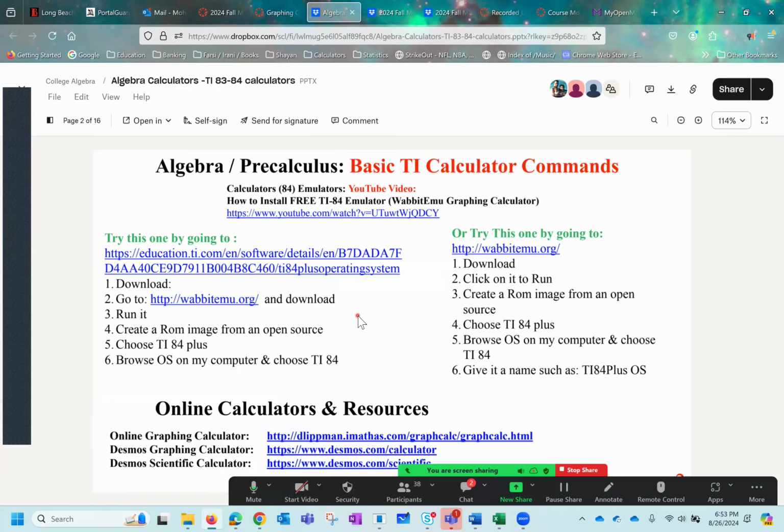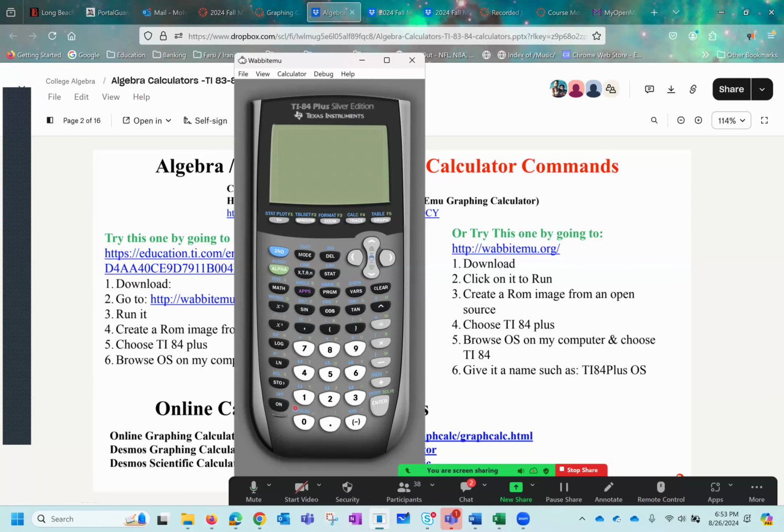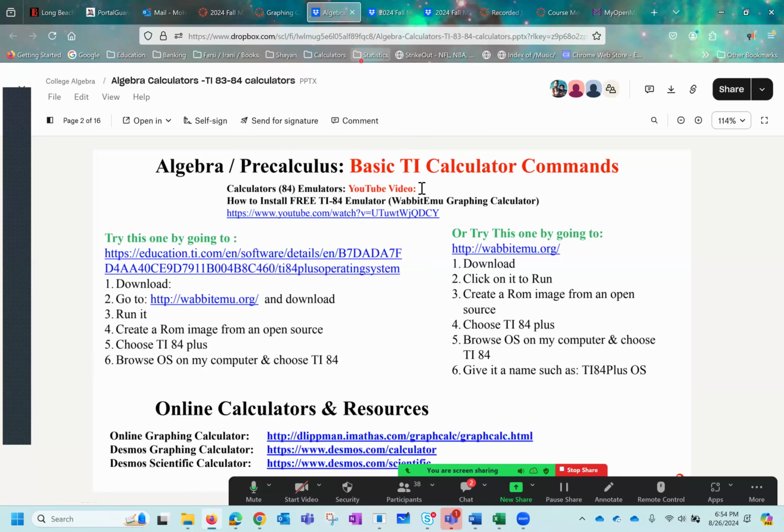Also, it gives you this website and the possibility of getting an emulator. I have made this work in some computers, and in some computers it doesn't work. If it works, you will get this calculator on your computer. Again, there are no promises that it does. I've had a hard time with some of the computers, and in some cases they did work. However, I already gave you a list of online calculators in the syllabus.